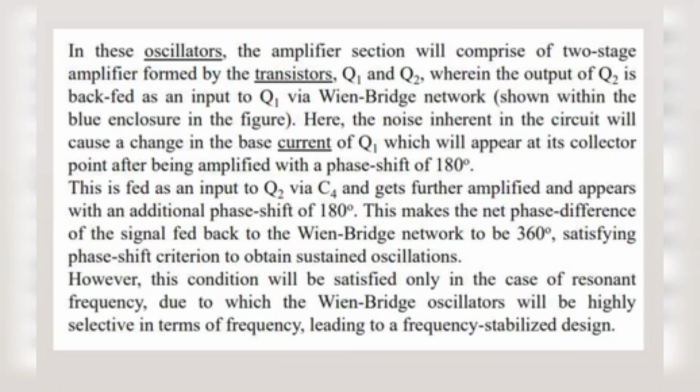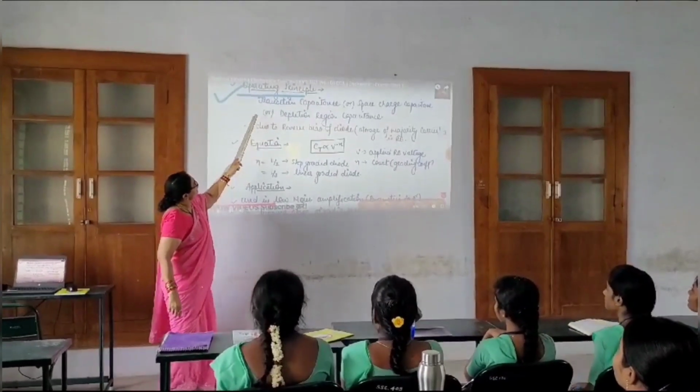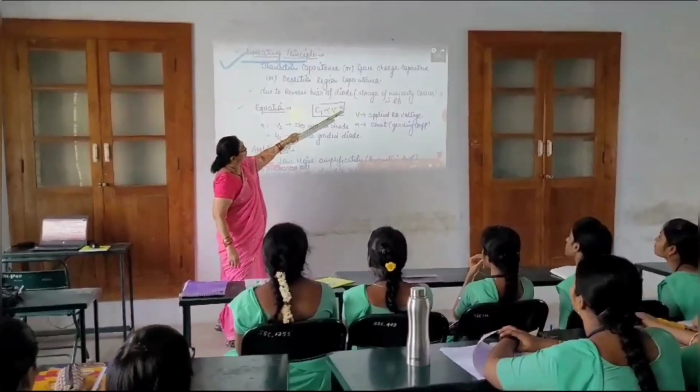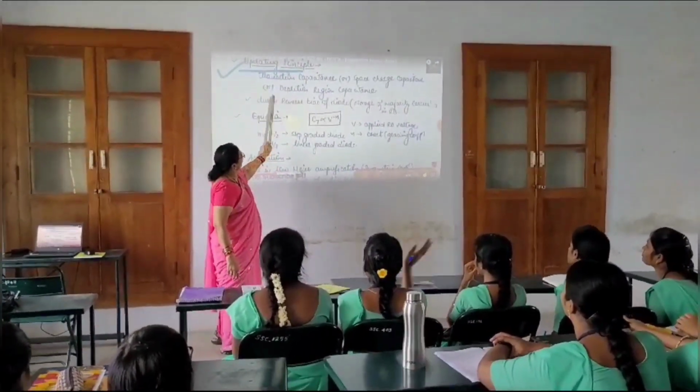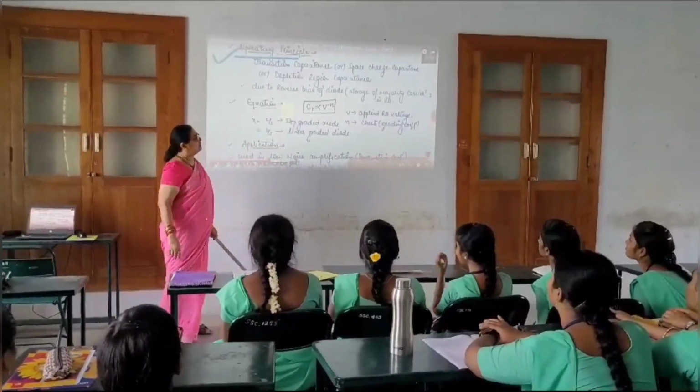Here, the noise inherent in the circuit will cause a change in the base current of Q1, which will appear at its collector point after being amplified with a phase shift of 180 degrees. This is fed as an input to Q2 via C4 and gets further amplified and appears with an additional phase shift of 180 degrees.